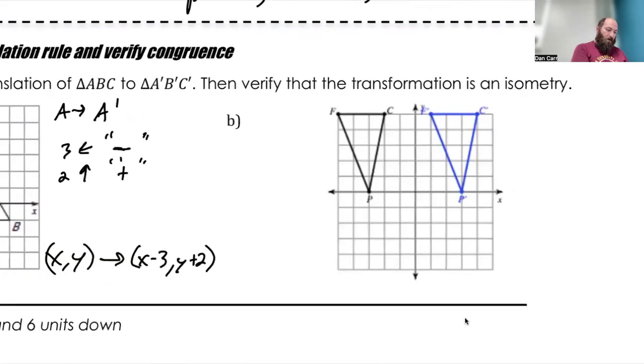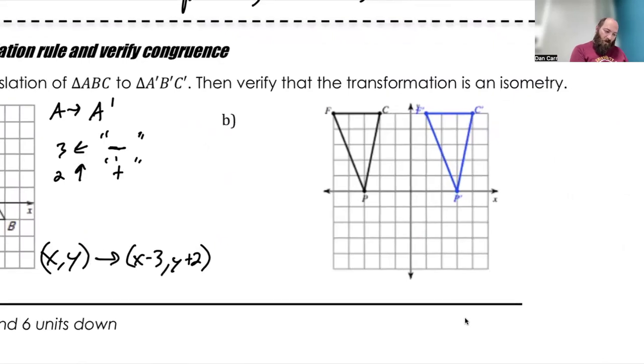For part B here, again, I changed my letters, but this one here is my F prime. So we need to describe how we go from point F to F prime, or C to C prime, P to P prime. Doesn't matter. We just focus on one at a time to help with this. So I go from here, it goes 1, 2, 3, 4, 5, 6. I'm moving to the right 6. So I'm only moving horizontally and I'm not moving vertically.